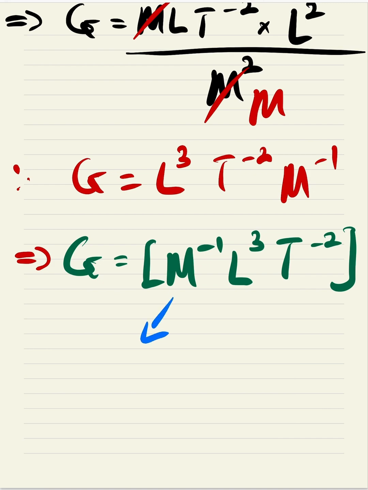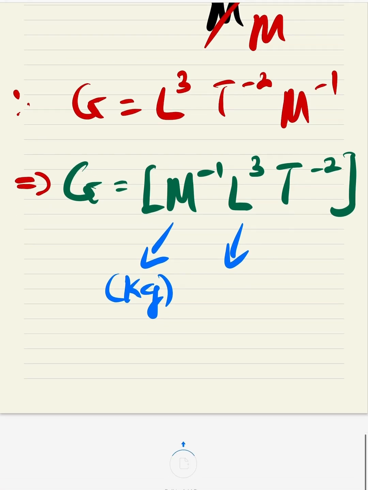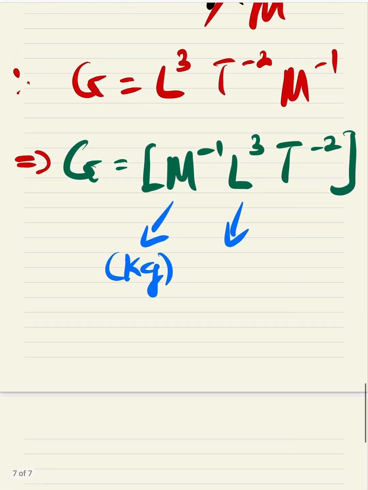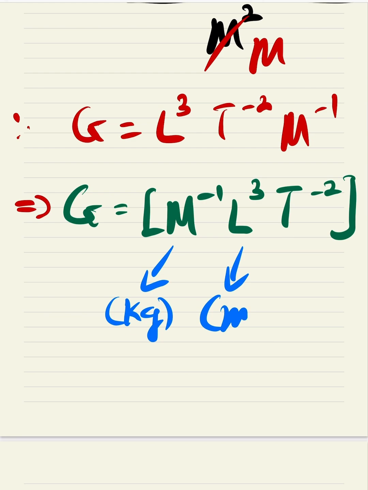If you see M here, that is mass, it is going to be in kg, right? If you see the length, it is going to be in meters. Then if you see the time, it is going to be in seconds. So whatever parameters you have on it, you can replace it back.